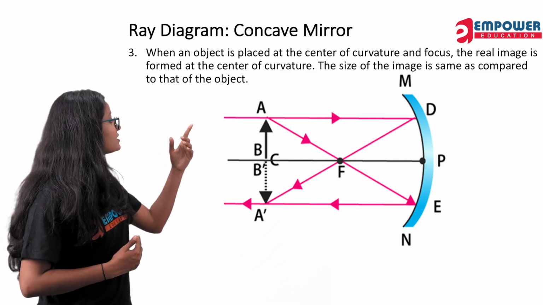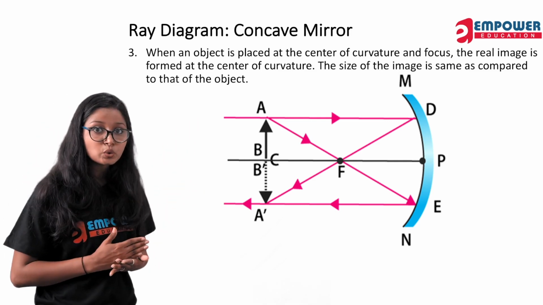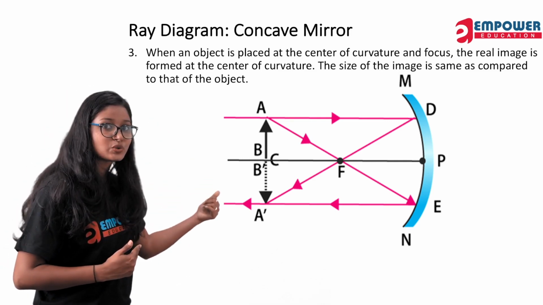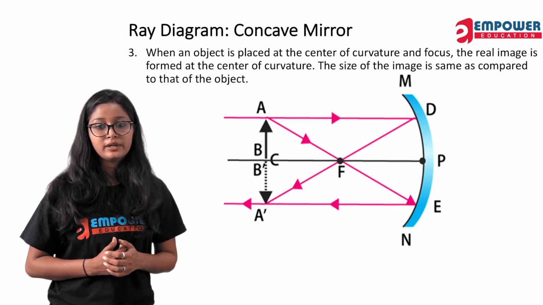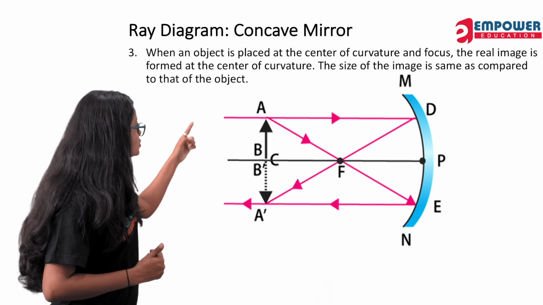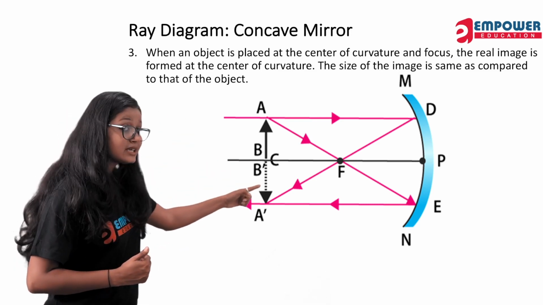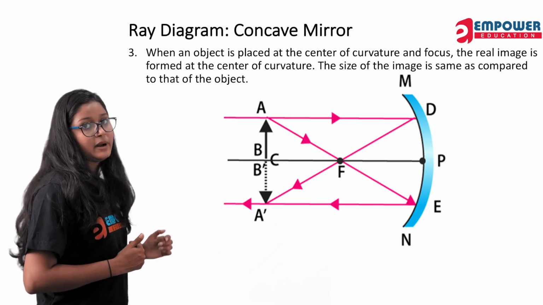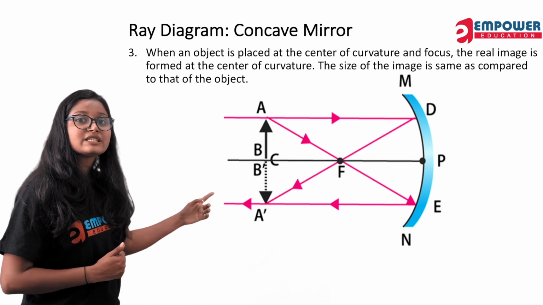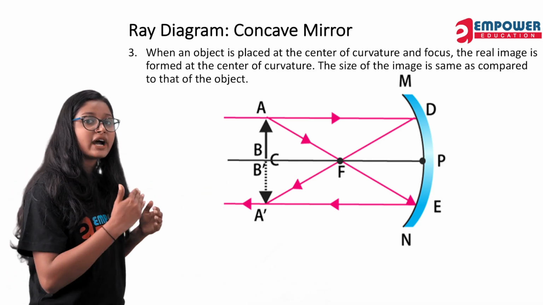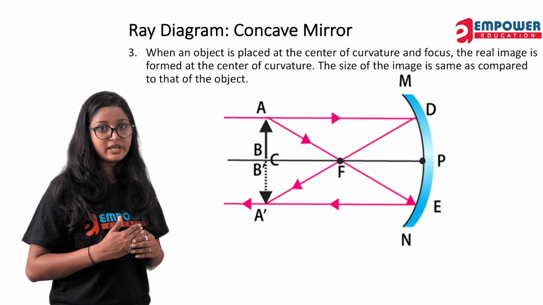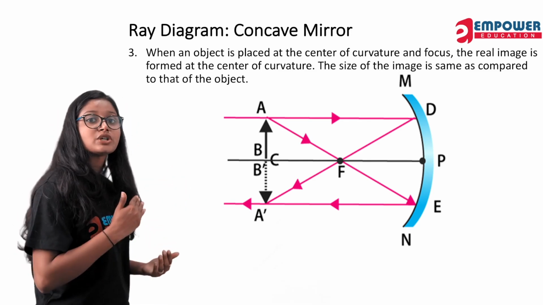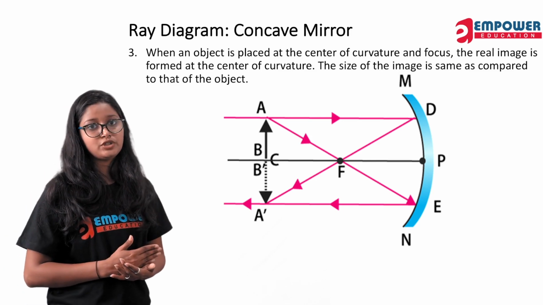The reflected ray passes through the focus, and from there the other ray also passes through the focal point, strikes the reflecting surface and is reflected back. The reflected rays meet at a point just below the center of curvature.